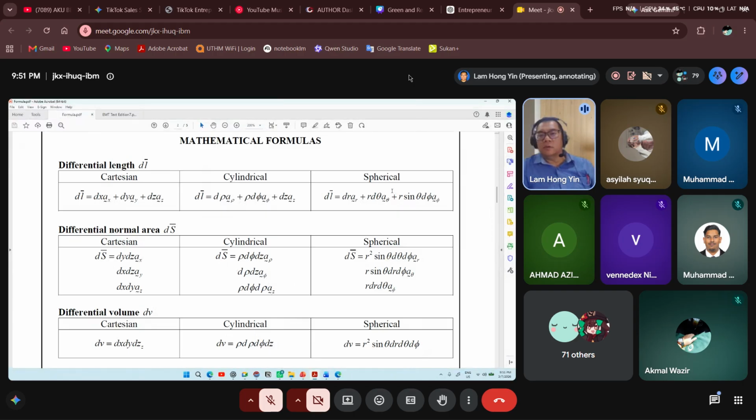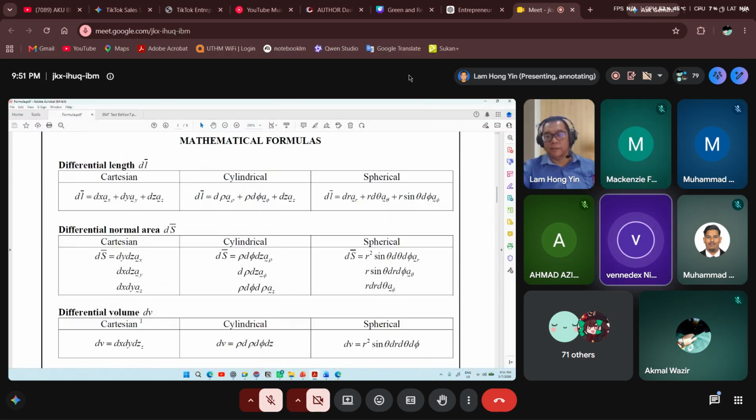I would like to ask you which one you need to use. First of all, which part? Differential length, normal area, or volume? Which one should you choose? DL, DS, or DV? Volume.